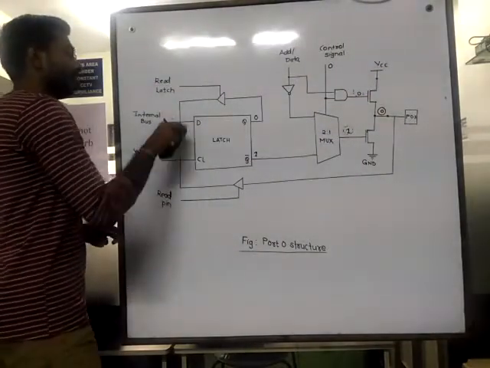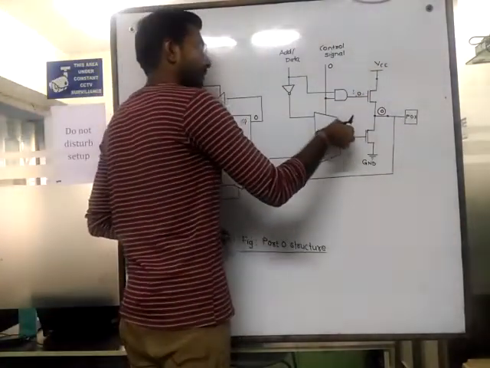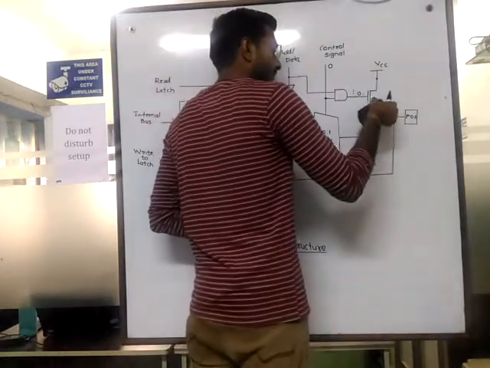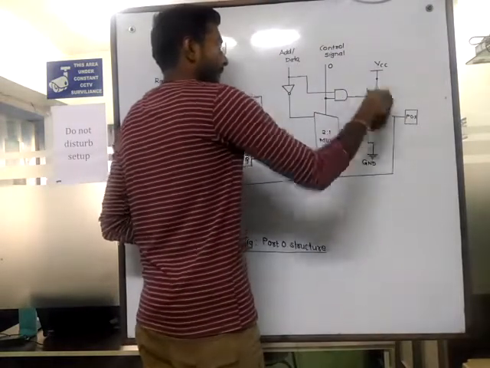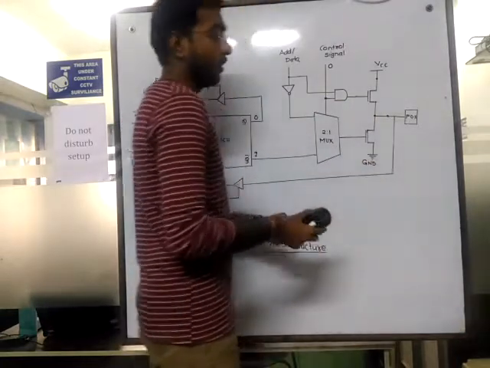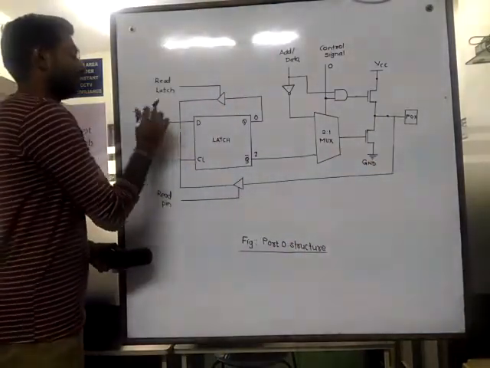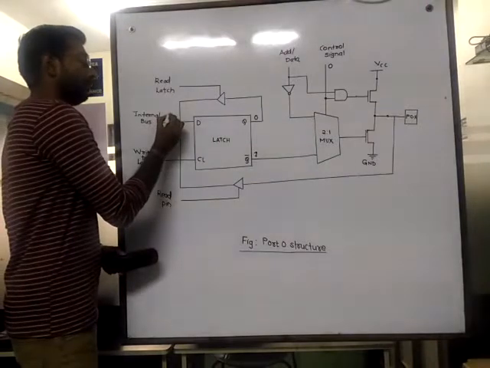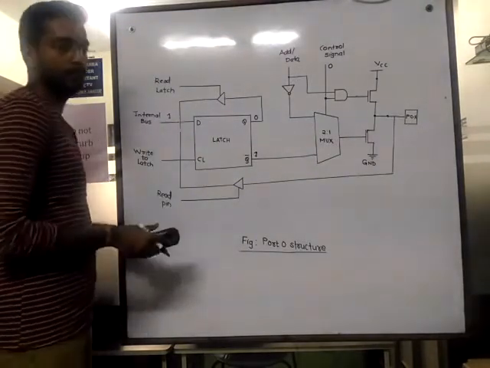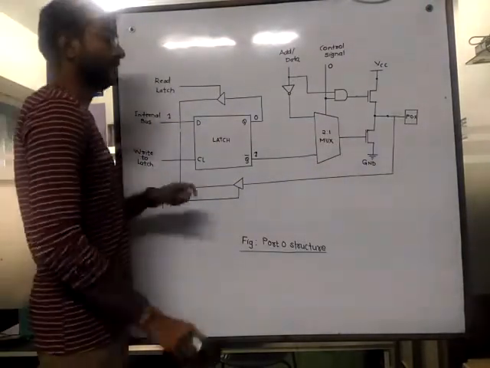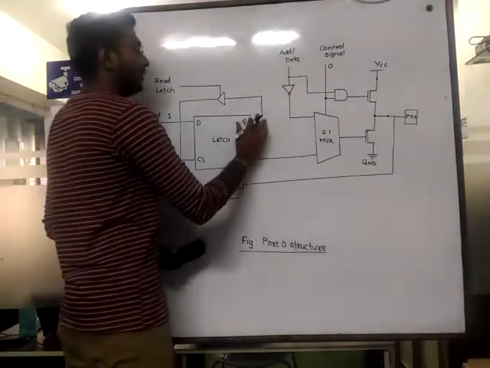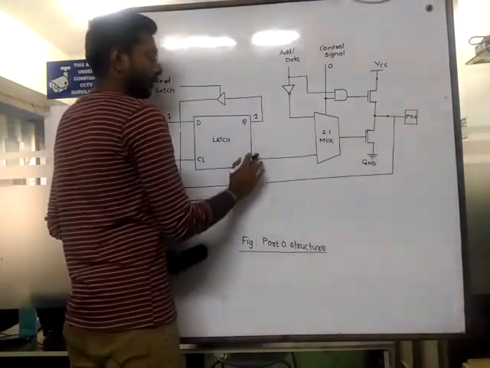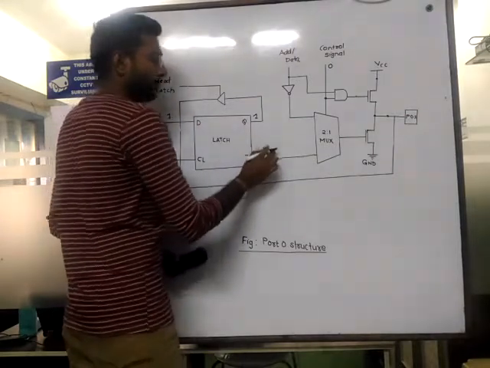So let's now make this port an input port. For an input port, as I told, we need to write 1 here. Let's understand, I am configuring this pin as an input. So 1 here, that will be 1 here. The complement of 1 is 0 here.